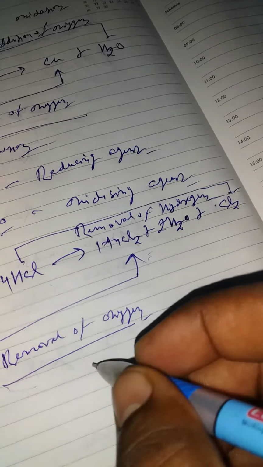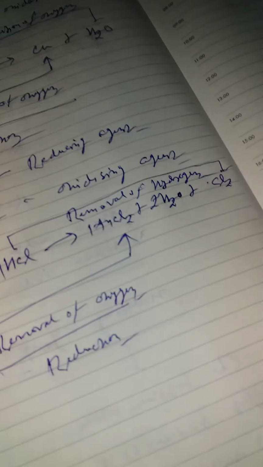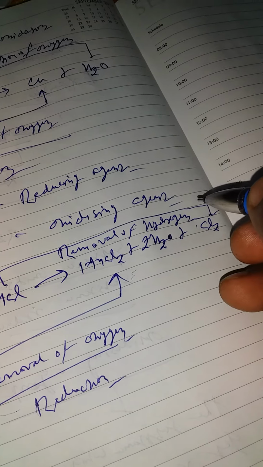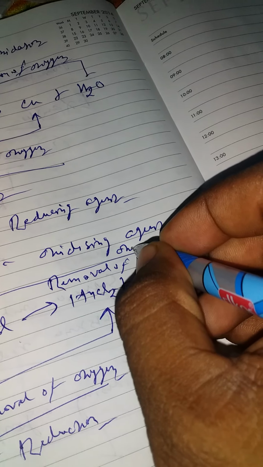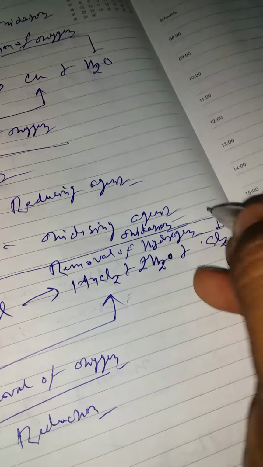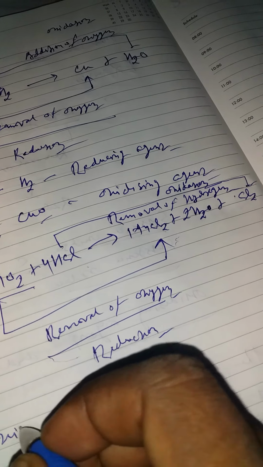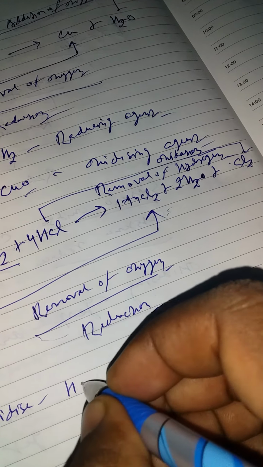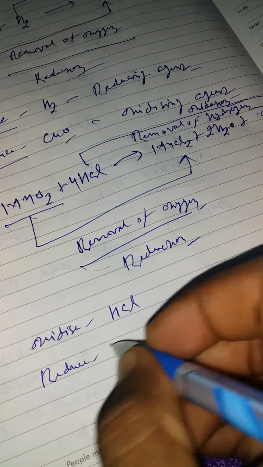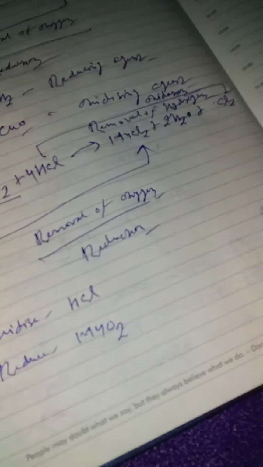Removal of oxygen is known as reduction, and removal of hydrogen is known as oxidation. So the substance oxidized is HCl, and the substance reduced is MnO2.